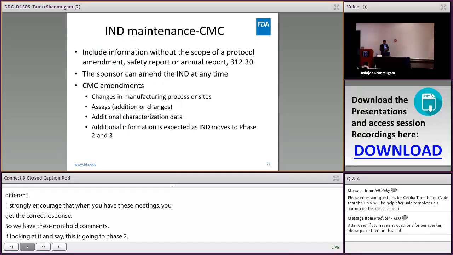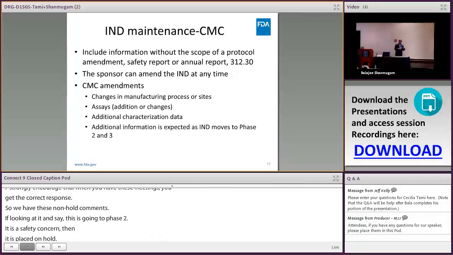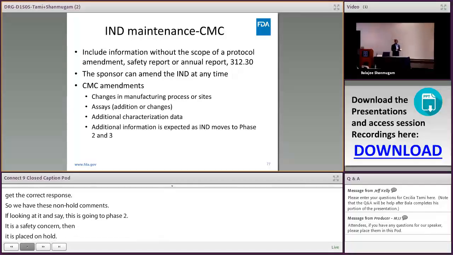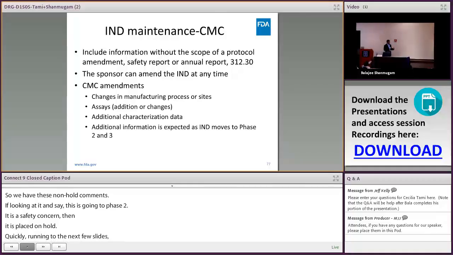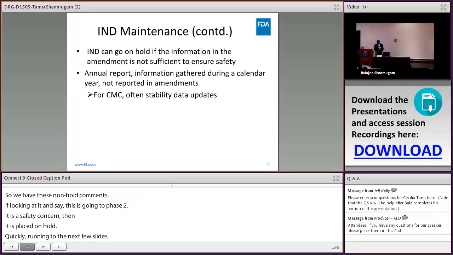So, quickly running through the next few slides, I'm not going to read everything, but the most important point is this: an IND is a continuing process where you can submit an amendment and annual reports. What do they have? Updates, extra characterization data, stability updates. Maybe there is a change in the manufacturing process or site, maybe a change to the synthesis. Those are things that come into the annual report.